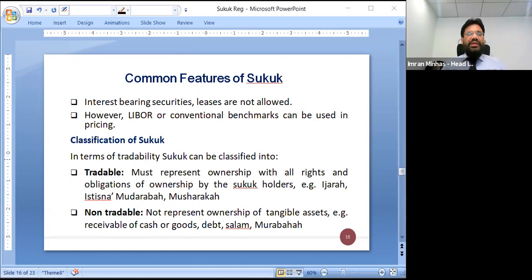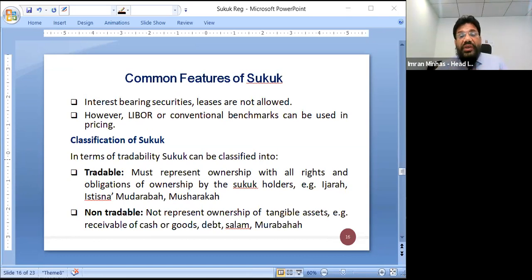So again, what other areas do we need to know before framing the legal framework for the Sukuk? It is the classification of the Sukuk, in terms of tradability and non-tradability. Every Sukuk is not tradable, because the objective is what? The objective is to grow and develop the capital market, and every instrument which is tradable is more attractive for the capital market.